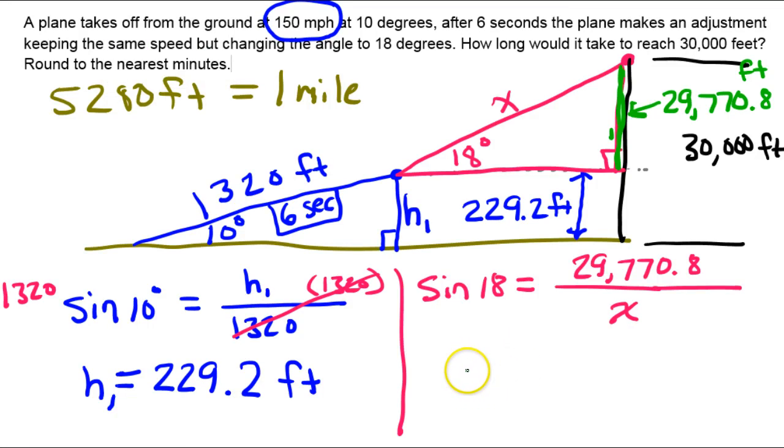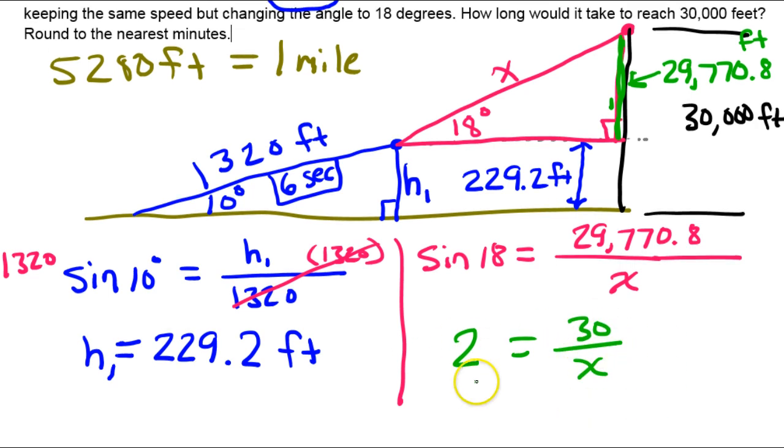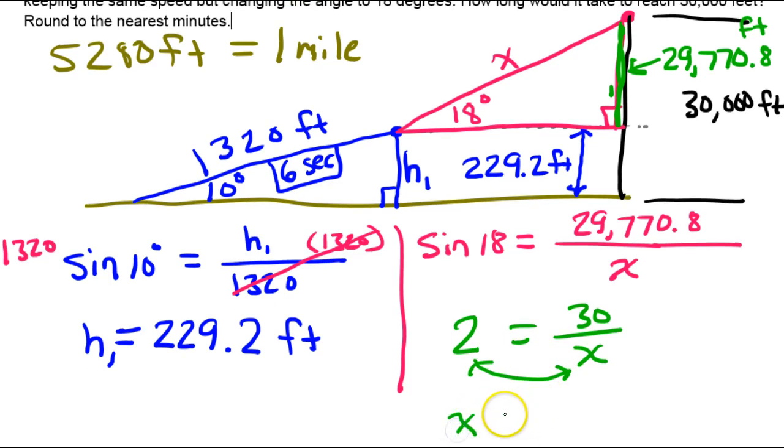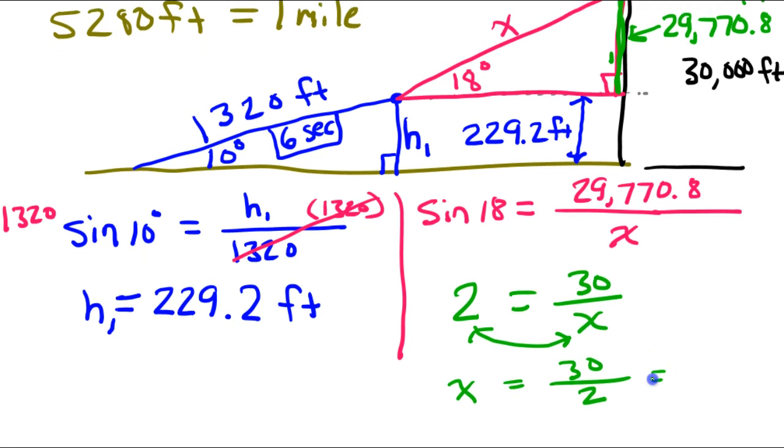Say if I had 2 is equal to 30 over X. Anytime you have a situation like this, you can always swap the denominator with the number that's out here by itself. So I could put the X out here, and I could put the 2 down here. So that's an easy way of giving you, oh look, X is 15. You just switch them, and immediately X is by itself.